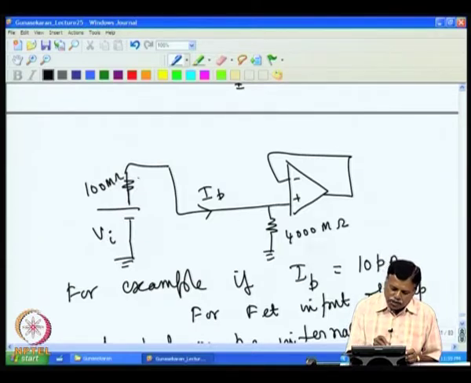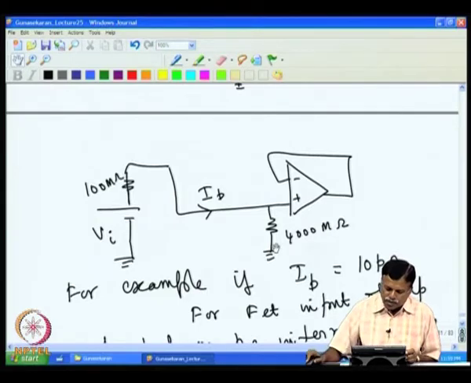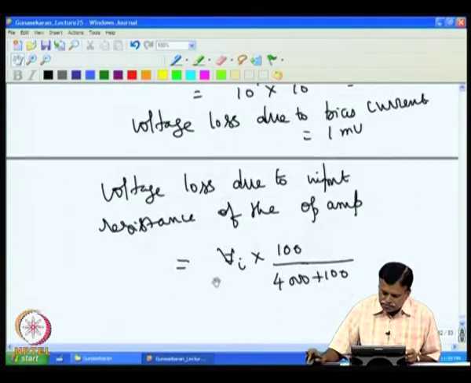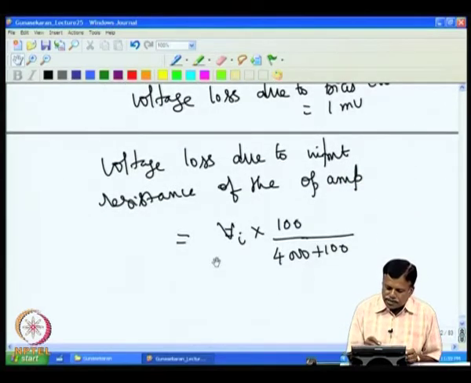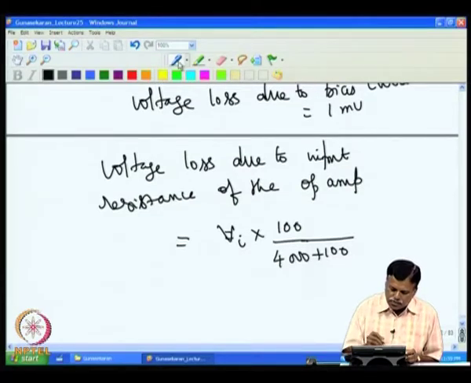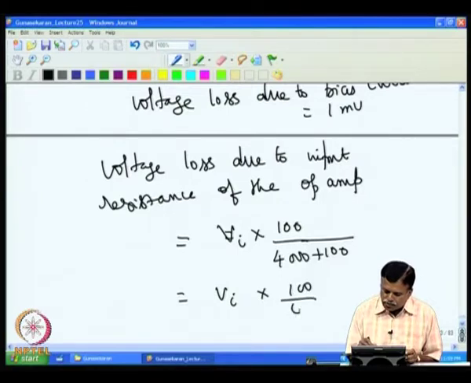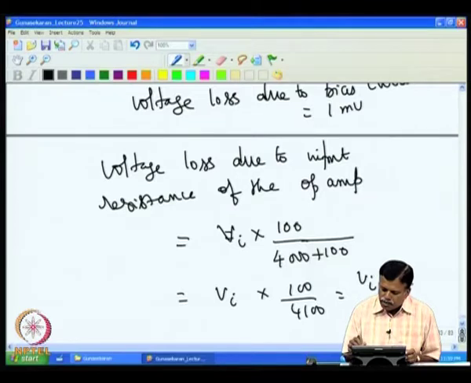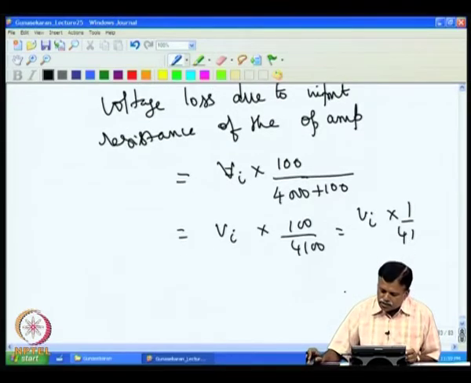We want to find out the voltage drop across this 100 megohm per VI. In this case, it will work out to be VI into 100 over 4100, which is VI into 1 by 41.